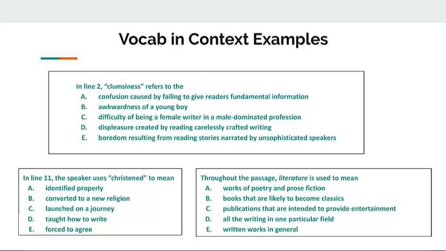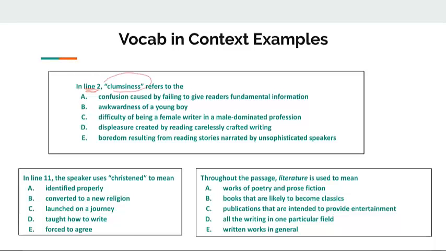Here are some examples. So the first one in line 2, clumsiness refers to the confusion. And then you don't need me to read all the answer choices. When you have these questions, you're going to see that they tell you a line reference.